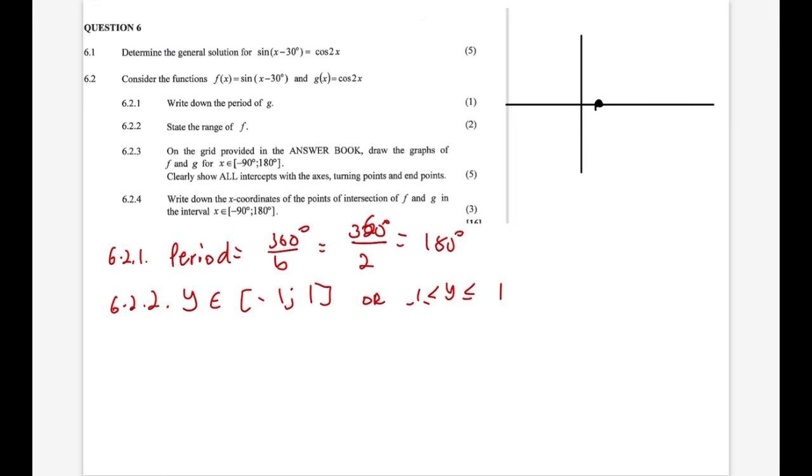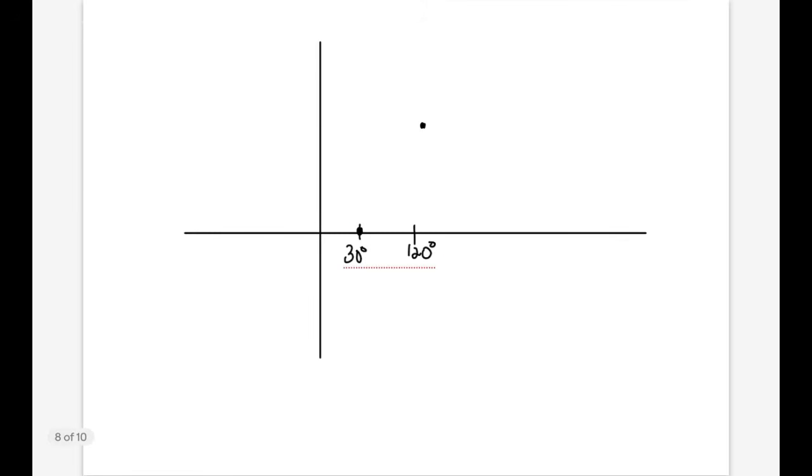So in our case, the sine graph f is almost exactly the same as the normal sine graph, like that, but shifted 30 degrees to the right. So instead of starting at the origin here, it's going to start here at 30. Instead of its highest point being at 90 degrees, it'll be at 90 plus 30, which is 120.